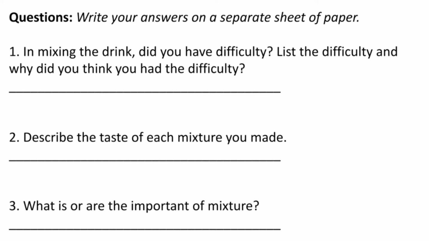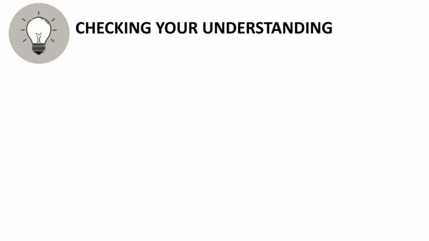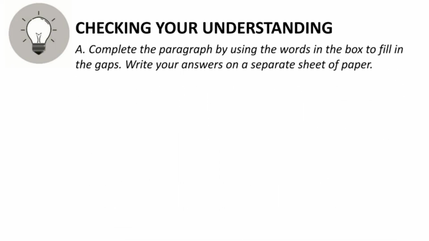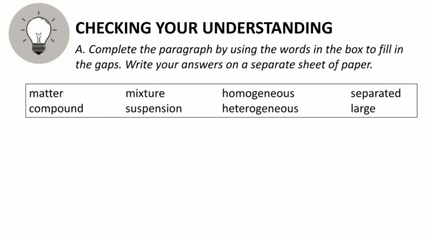Okay, I think you're done. Okay, let's do this. Complete the paragraph by using the words in the box to fill in the gaps. Write your answers on a separate sheet of paper. We have here the following words: matter, compound, mixture, suspension, homogeneous, heterogeneous, separated, large.